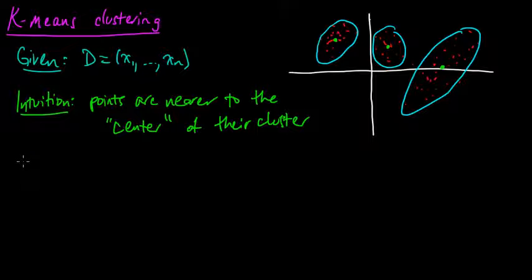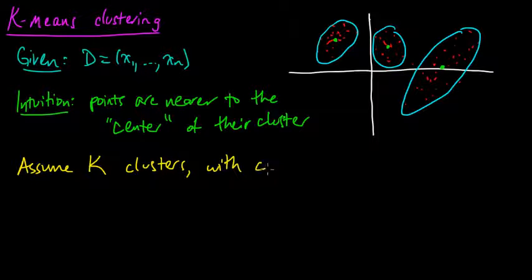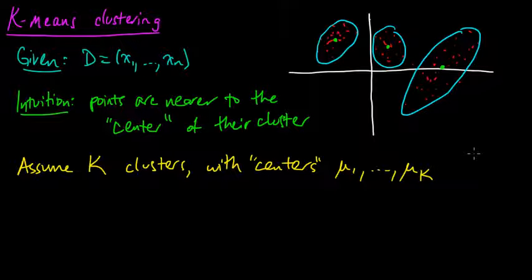So we will assume in k-means capital K clusters with centers. So each cluster has a center, and let's call the centers mu1 to mu_k.